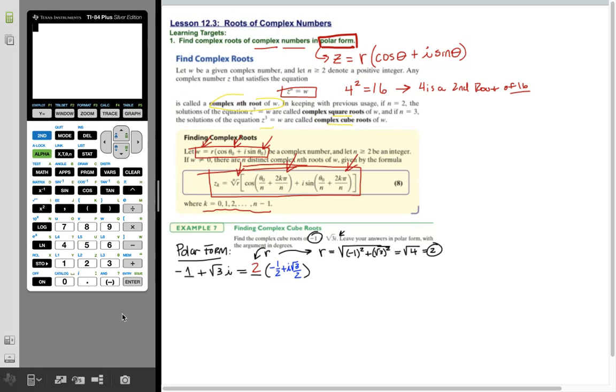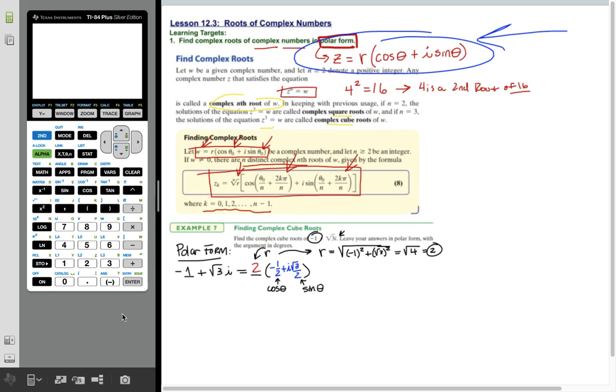So -1/2 and square root of 3 over 2 are going to be the cosine and sine of our number. If you go back up to when we did the polar form of a complex number, we're going to say that's the cosine of theta, and that is the sine of theta.